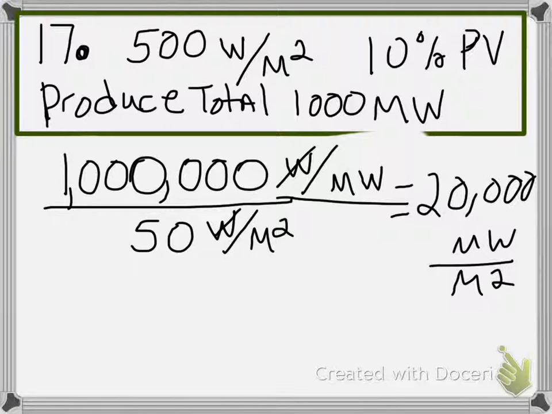But that still doesn't give me how much space I need in meters. So the next step is to find 1,000 megawatts of power. Now that it's in megawatts, it's 20,000 per megawatt, and I need to know how much I need to produce my 1,000 megawatts within my system.